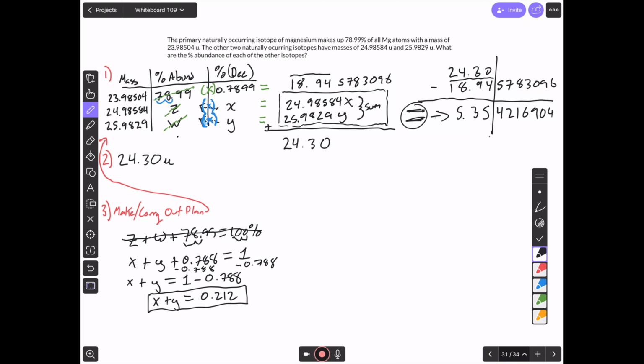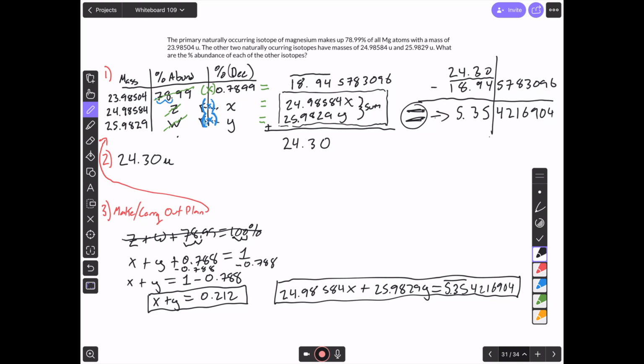Let's write it out. 24.98584x plus 25.9829y equals 5.354216904366. Man, we got two equations, both with x and y in them, that we can now use to solve for x and y, which will get us to z and w, right?